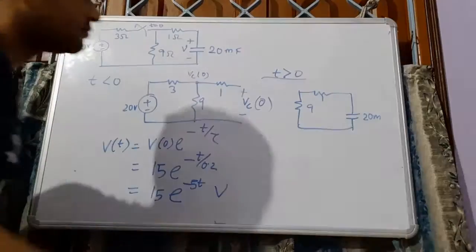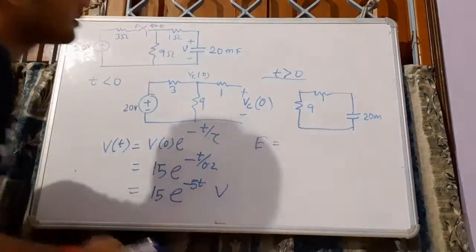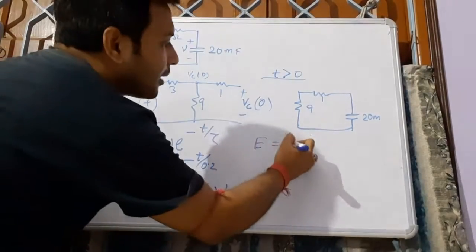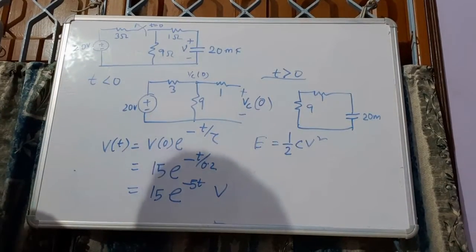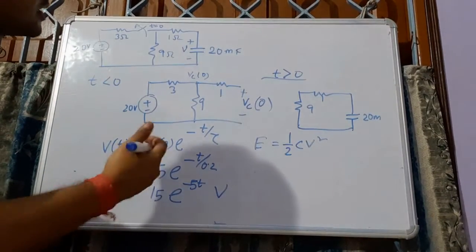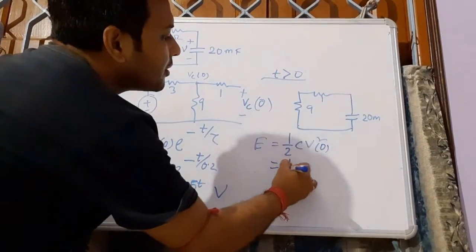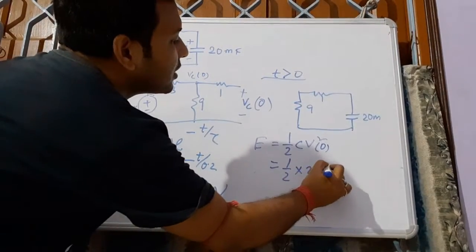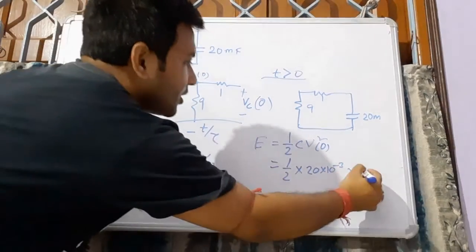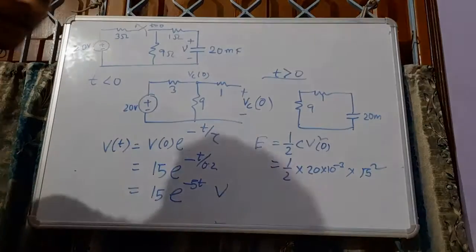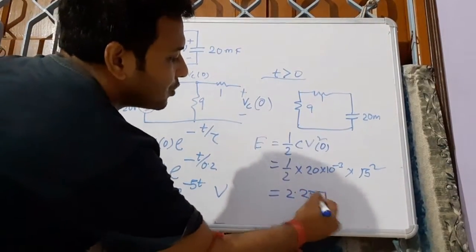Initially we know that the energy formula for a capacitor is half CV squared. Now the initial energy stored will be, this V will be V0 squared, so this will be half times 20 times 10 to the power minus 3 times V0 squared, means 15 squared, and this will be 2.25 joule.